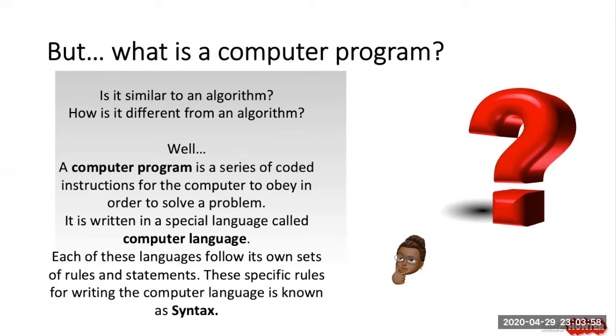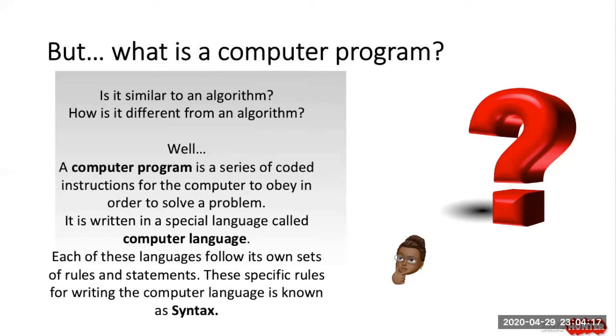Well, a computer program is a series of coded instructions for the computer to obey in order to solve a problem. It is written in a special language called a computer language. There are many computer languages out there.